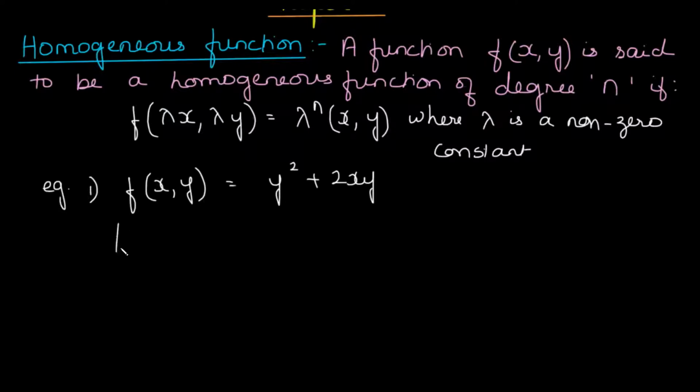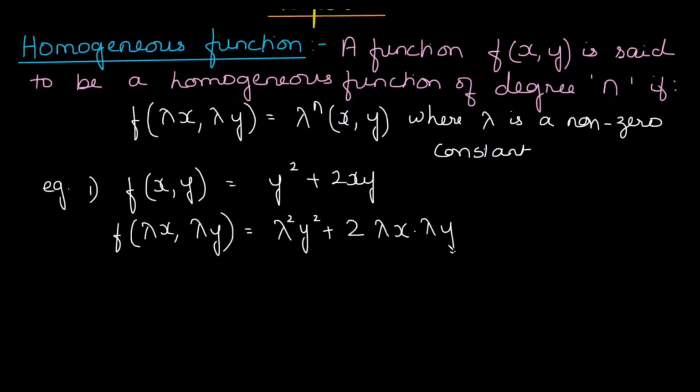So here, f of λx, λy, what we do on the RHS is that we just put λx instead of x and we put λy instead of y. So we have λy square, that is, it will become λ square y square plus 2 λx, see, instead of x we put λx and instead of y we put λy. This way, this becomes λ square y square plus 2 λ square xy.